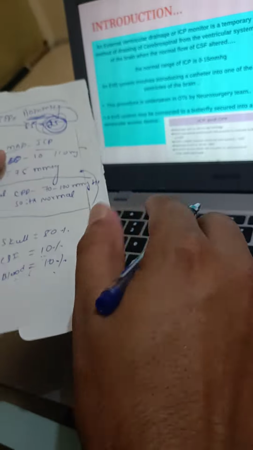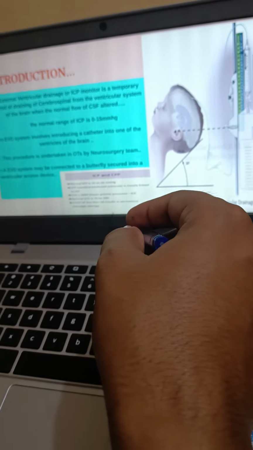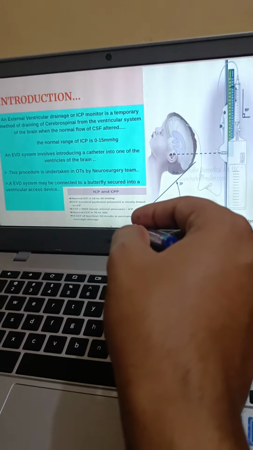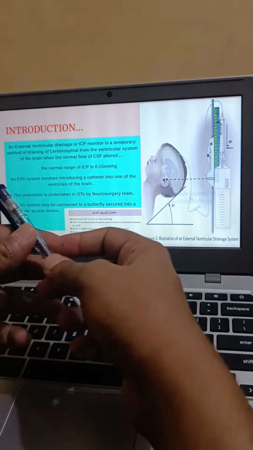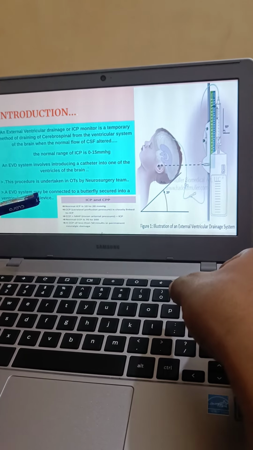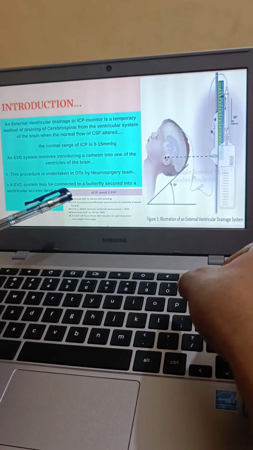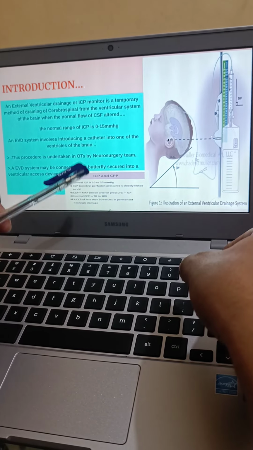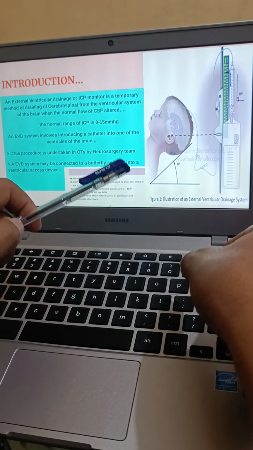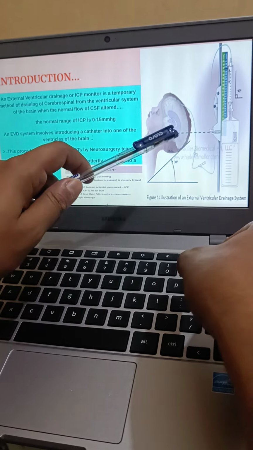That's why our doctors will say, for any neurosurgery patient who came, postoperative and all, to keep MAP between 90 to 95. If cerebral perfusion is more than 110, again it will increase the bleeding.